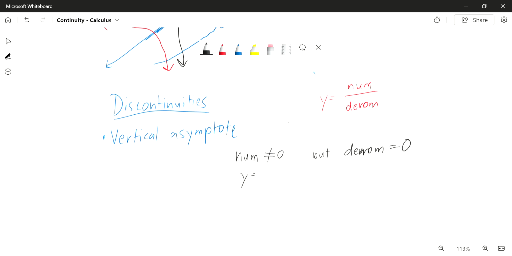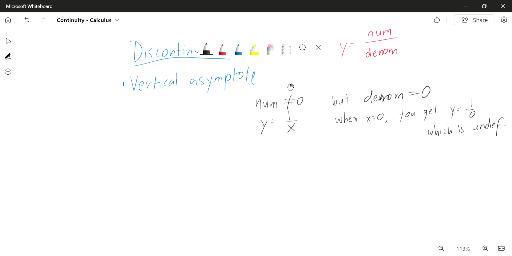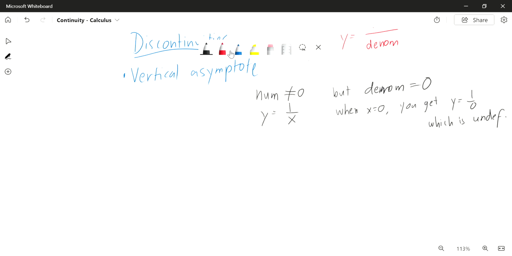Take the equation y is equal to 1 over x. When x equals 0, you get y is equal to 1 over 0, which is undefined. Therefore, if it's undefined, you cannot really graph it. So that's one type of discontinuity.